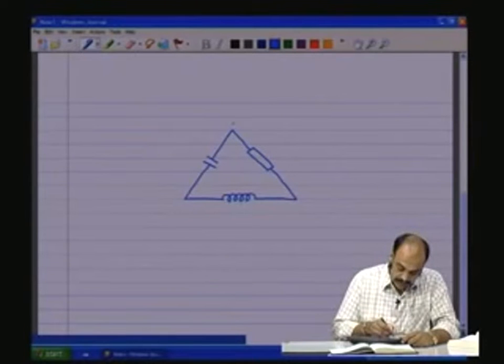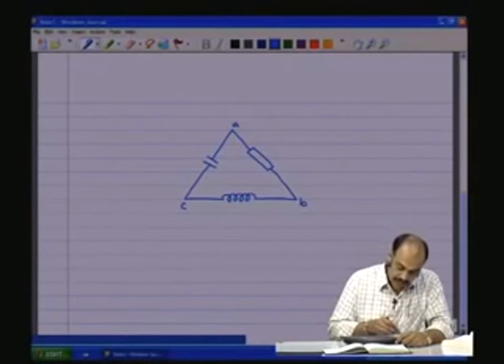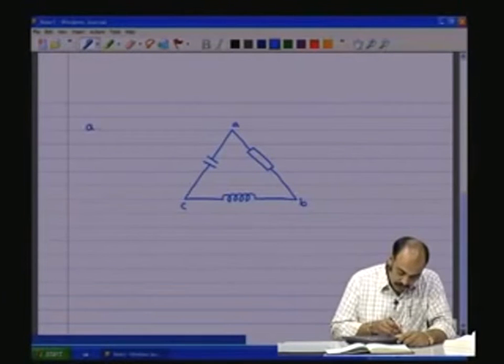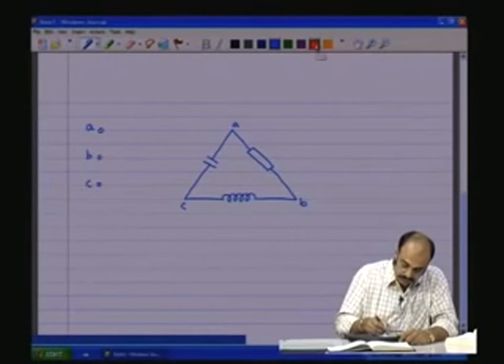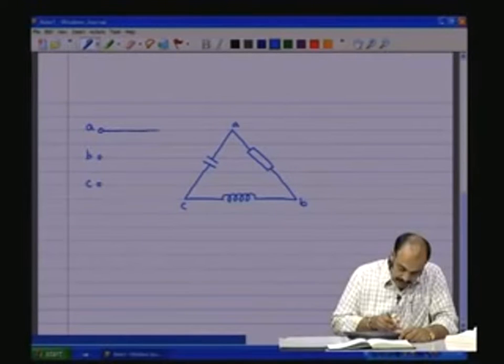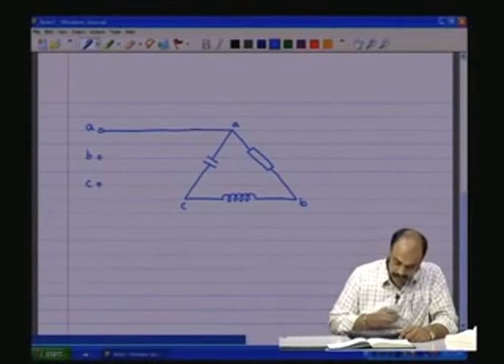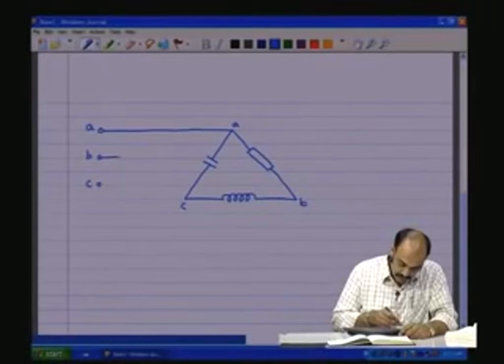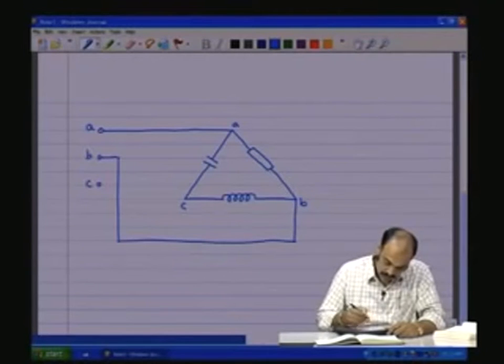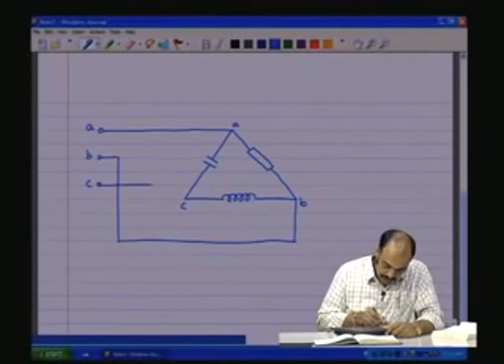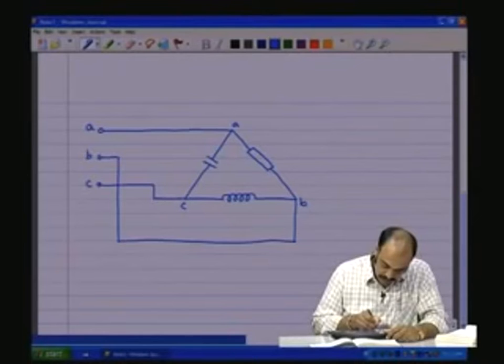Let us say this is the A point, B point, and the C point, and the three source terminals A, B, C are 120 degrees apart from each other. They are connected as indicated here, B is connected to the B terminal of the load, and C is connected to the C terminal of the load.